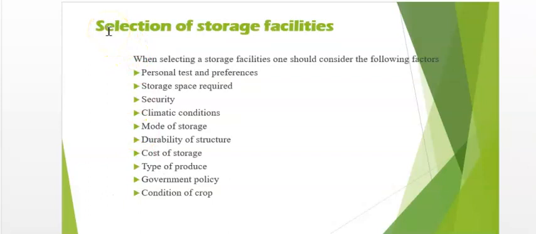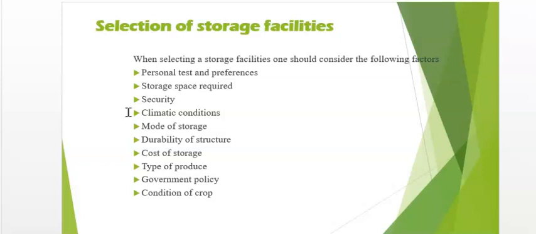Let's look at the selection of storage facilities. So when selecting a storage facility, one should consider the following factors. Factor number 1, we have the personal taste and preferences. Factor number 2, we have storage space required. Factor number 3, we have the security, mainly the security of the place.